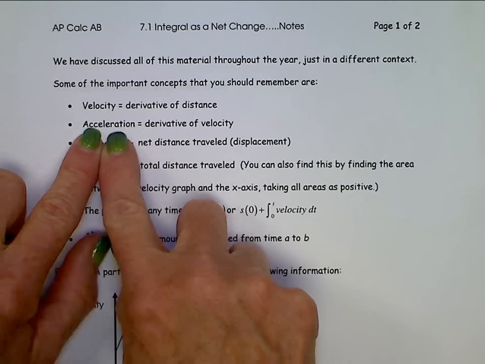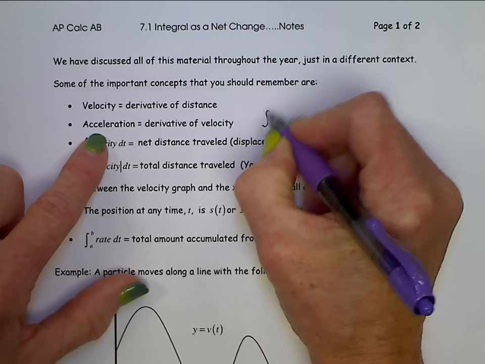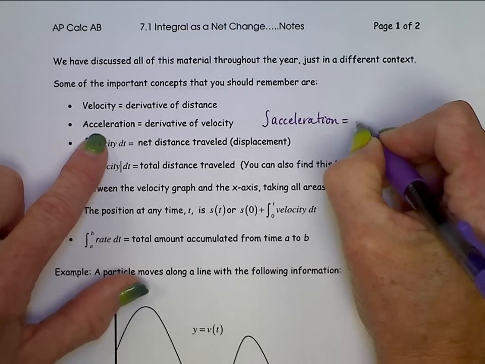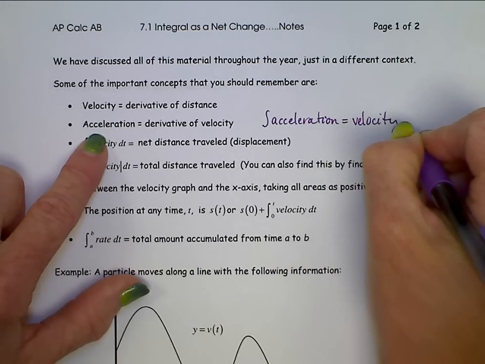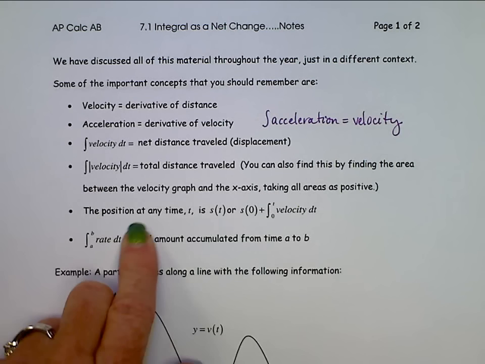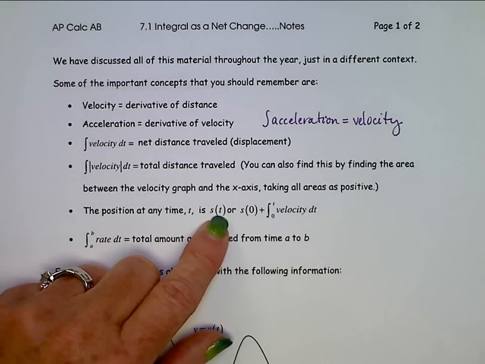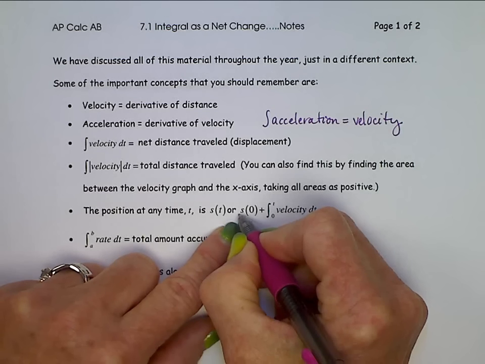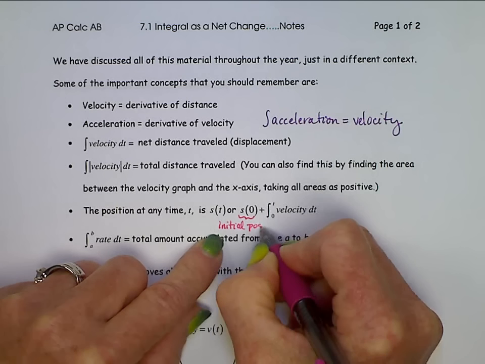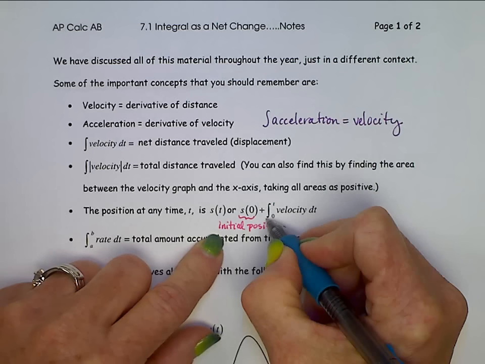Also, acceleration is the derivative of velocity, which means that the antiderivative of acceleration is velocity. And then, jumping down here, the position at any time t of a particle is its s of t, or s of 0, which is its initial position, plus the integral from 0 to t of velocity dt.